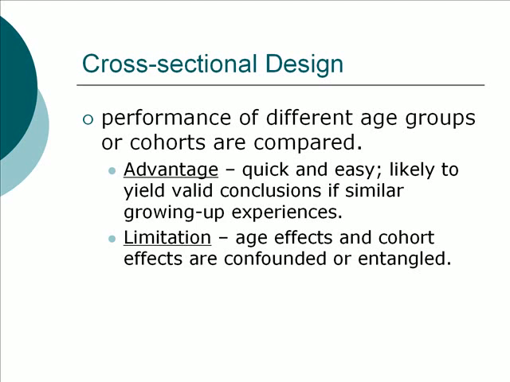Rather than take first graders and have to wait 6 whole years before I find out how their reading skills change, I could go ahead and take a cross-section. So take different age groups like first, third, fifth, and sixth graders, and then compare how they differ in their reading skills. That way I can do it really quick in a single day, and I should have fairly valid conclusions as long as the curriculum and things are the same for the sixth graders as they were for the first graders as they were going through school.